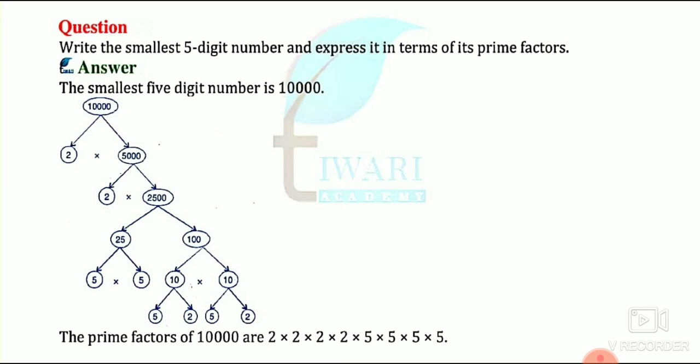Therefore the prime factors of 10,000 are 2 into 2 into 2 into 2 into 5 into 5 into 5 into 5. In this way you have to find the smallest 5-digit number and express it in terms of its prime factors.